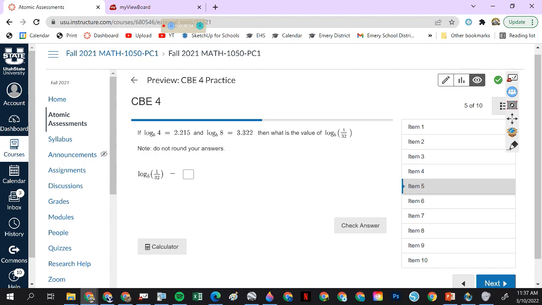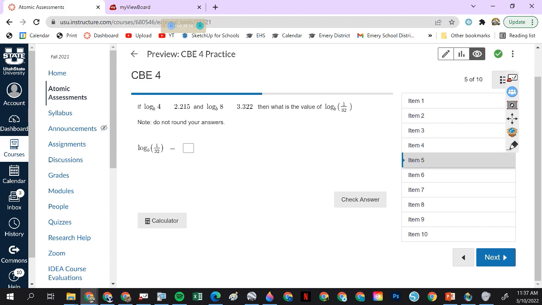All right. This looks tough, but it's not. So log base b of 4 equals that number, and log base b of 8 equals that number. So we want log base b of 1 over 32.